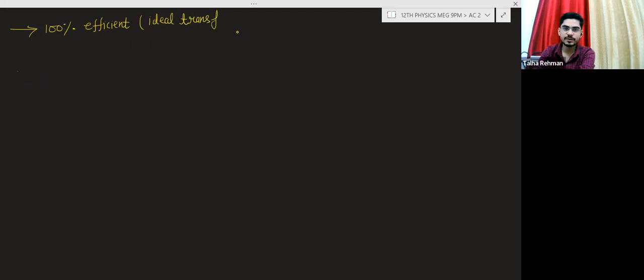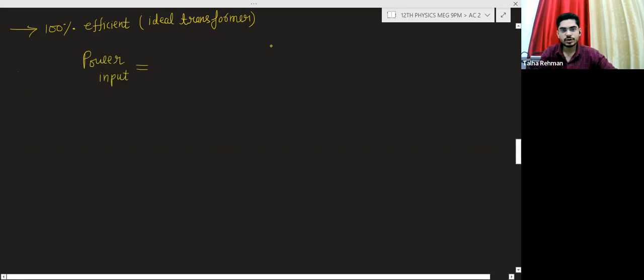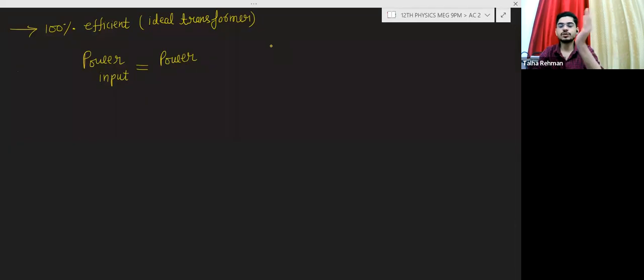So the amount of power you are giving to the input is equal to the amount of power you will get at output.